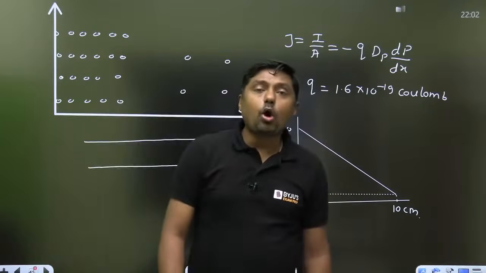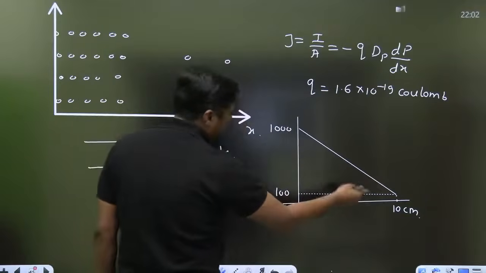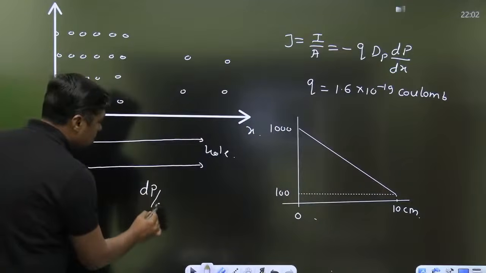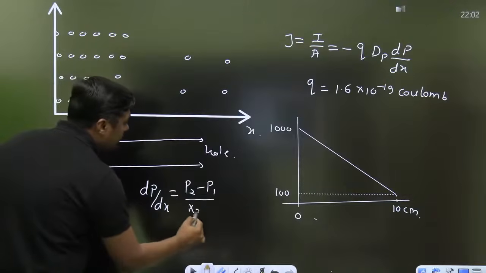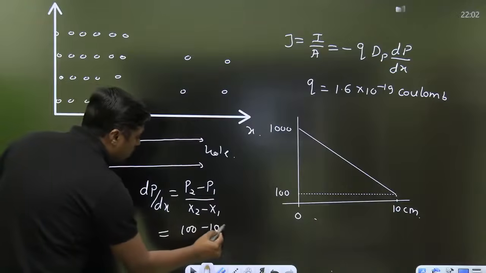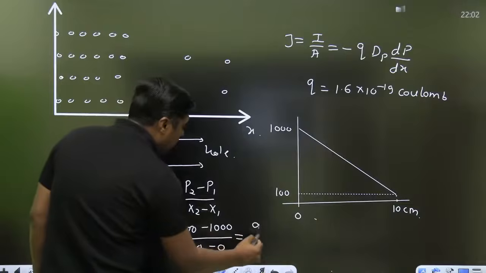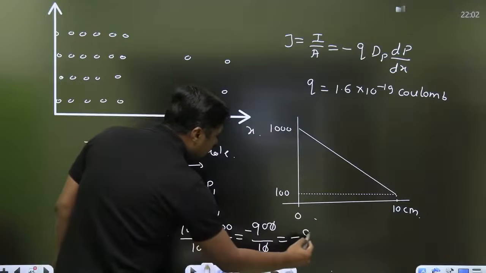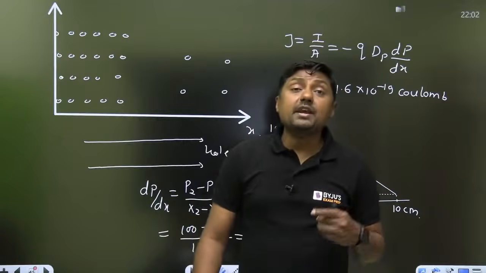The slope is negative. So 100 minus 1000, that is called the concentration gradient, p2 minus p1 upon x2 minus x1. 100 minus 1000 divided by 10 minus 0 will become minus 900 divided by 10, that is minus 90. So we are getting dp by dx negative.